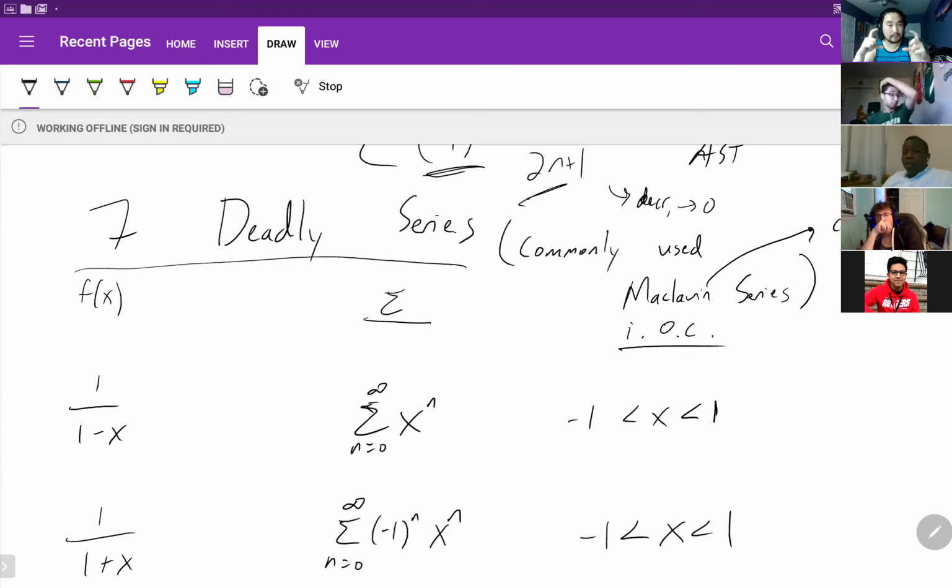Your picture is only in between -1 and 1, and your center is the center of that picture. Does that make sense? So Maclaurin series just means that you're always looking at 0, and at some interval around 0. That's what Maclaurin means. So we're still playing with power series, it's just we're looking at a very specific spot.